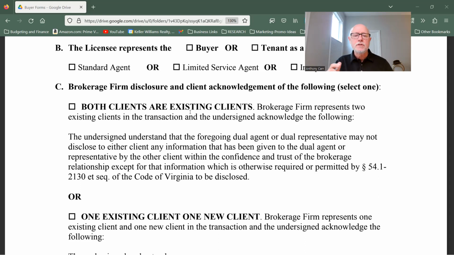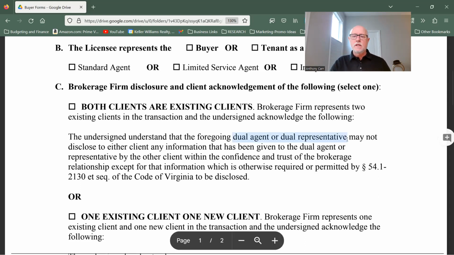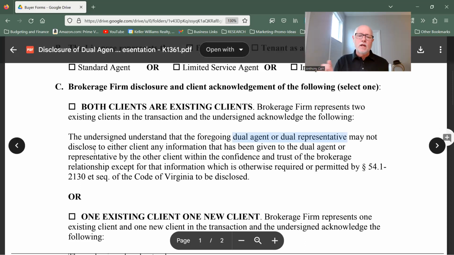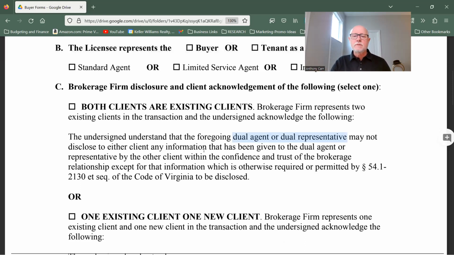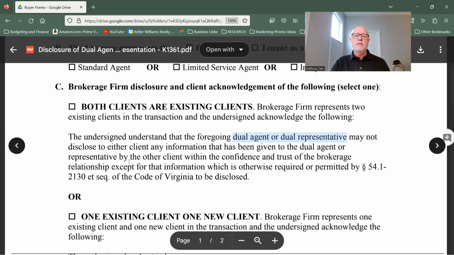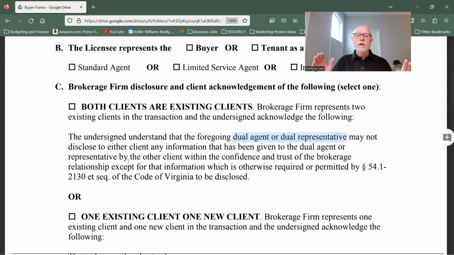So the undersigned understand that the foregoing dual agent or dual representative may not disclose to either client any information that has been given to the dual agent or representative by the other client within the confidence and trust of the brokerage relationship. It's telling both of them, I can't say anything about what you have explained to me beforehand.